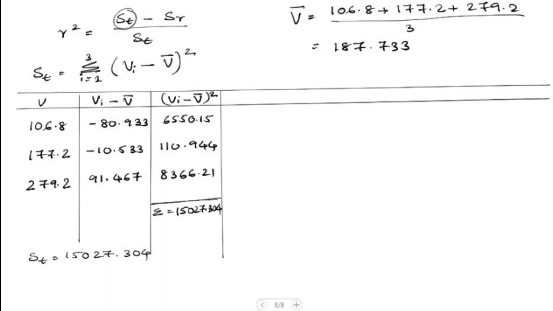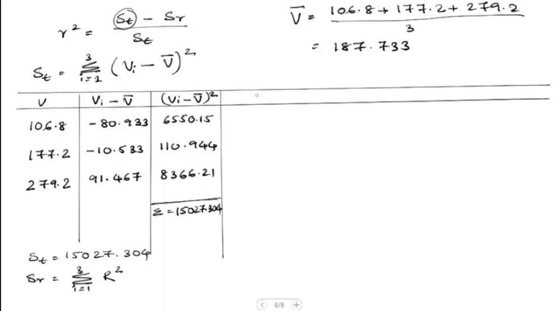Then we'll find S_r. S_r is equal to the summation from i equals 1 till n, which is 3, of all the residuals squared. Let's find the residuals. To find the residuals, the first thing we need is all the y values for the given x values.